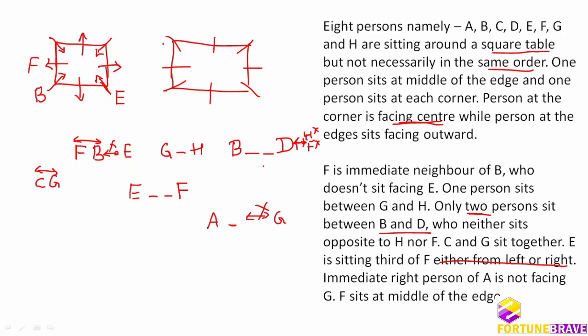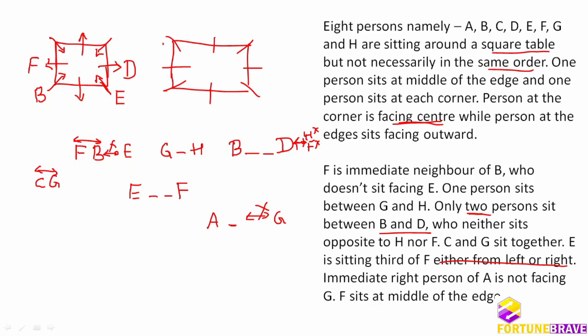F and B are together now. B and D, two places, D we will try to take here, which will not be facing H and F, so that will be okay, I think. So it will be facing F here. Now it's C and G, and G, one place, H has to be there. So G cannot come here because this is not possible.